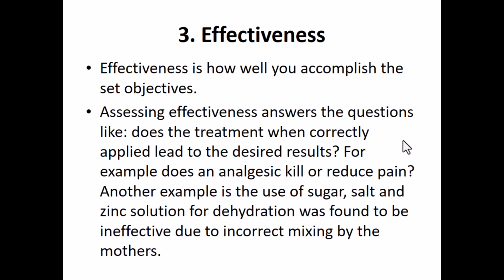Then effectiveness. This is how well you accomplish the set objectives. After you have set the guidelines and objectives to make sure that a product is manufactured and is of good quality, how effective are you in accomplishing them?